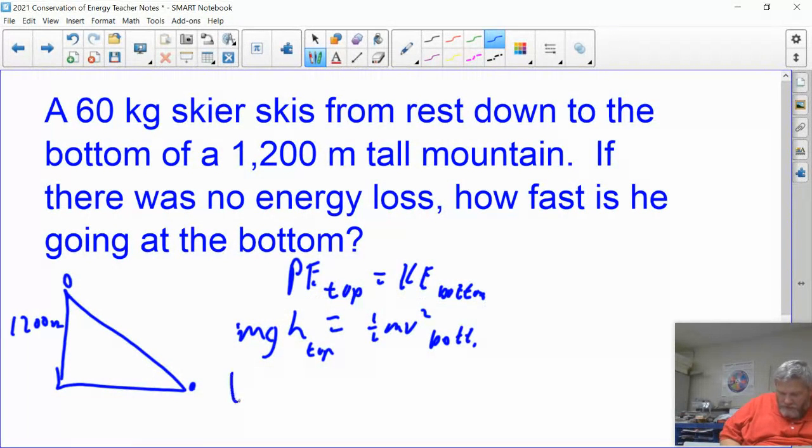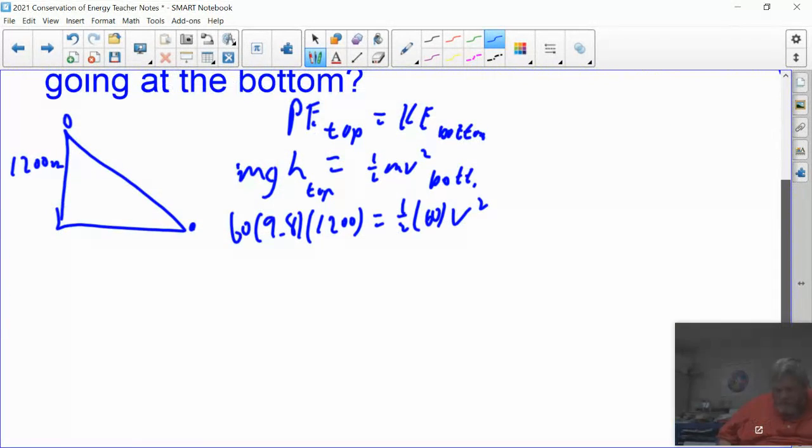So 60 times 9.8 times 1,200 equals 1/2 times 60 times v squared. 9.8 times 1,200 is, sorry, my light just came off. Let's see if I can get it to come back on.